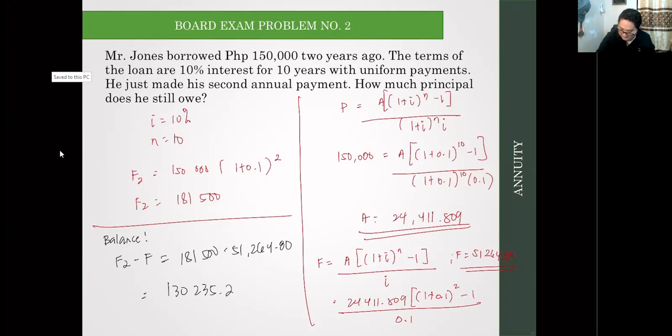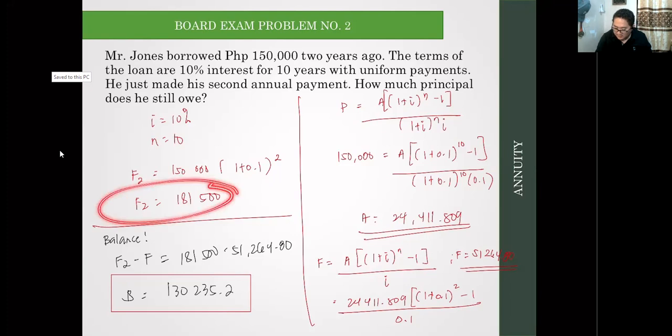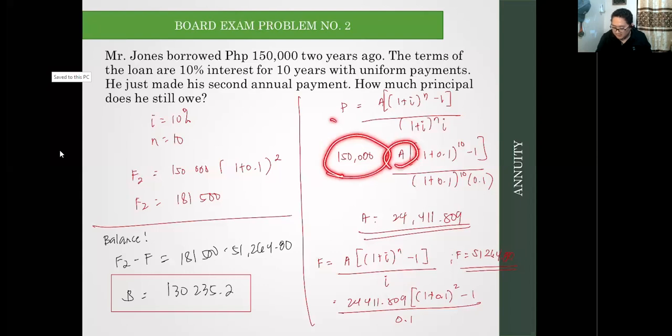Okay? So, ito yung balance natin. Mula dun sa na-earn in 2 years nung utang niyang 150,000, okay, na 10% for 2 years, ito yung amount, 181,500. Pero yung present value natin na 150,000, kapag i-amortize natin siya in 10 years, ito yung kailangan payment natin.